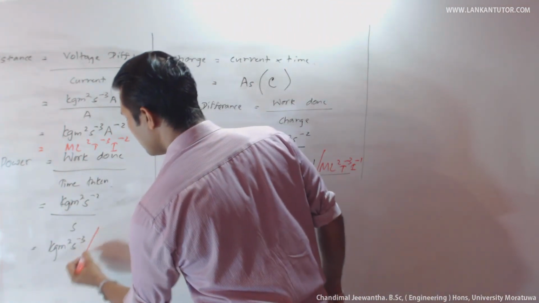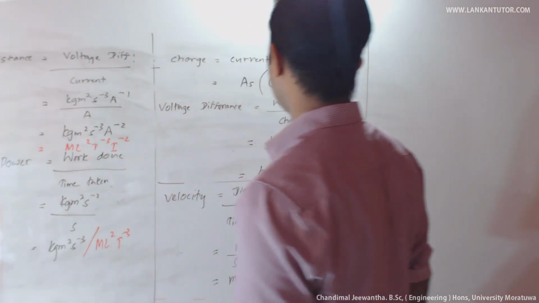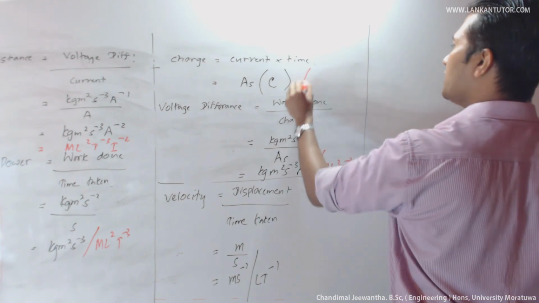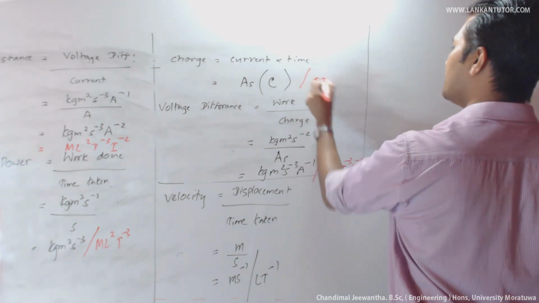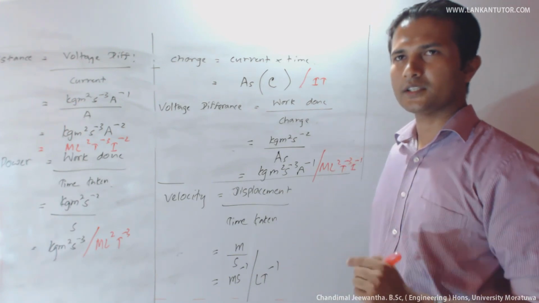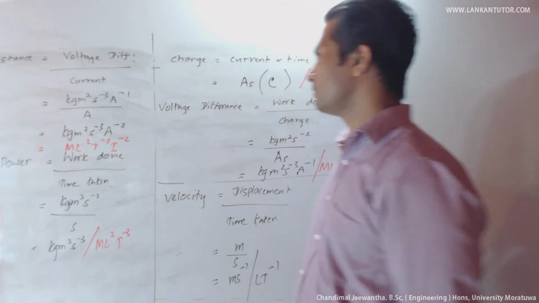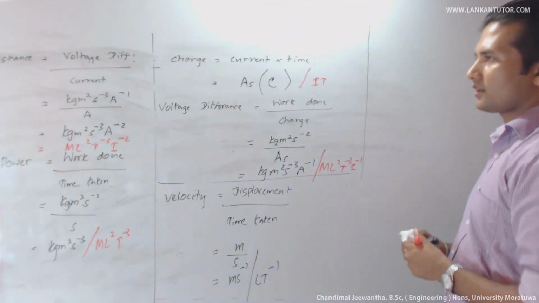Considering power, it should be M L^2 T^-3. Considering charge, it should be IT, because the dimension of the current is capital I and the dimension of capital T is just T. Right.